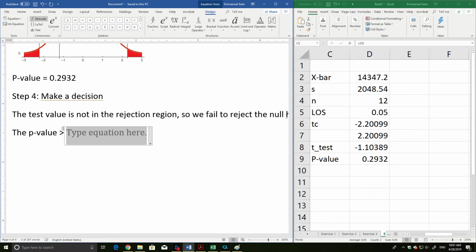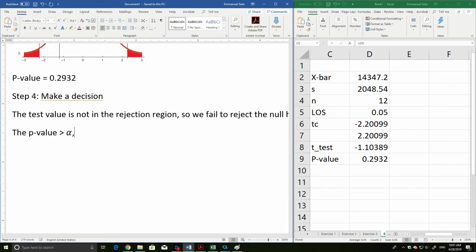If you want to type in alpha, you go to equation editor /alpha. So we fail to reject. All right, so there's a couple ways to make a decision here: p-value method or traditional method, which is critical values.